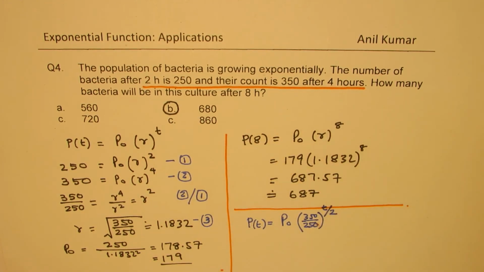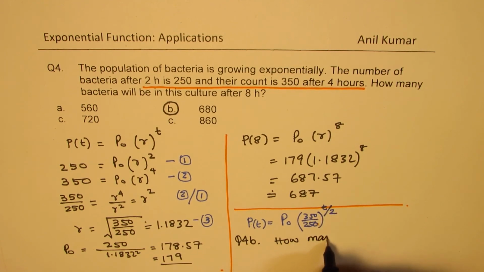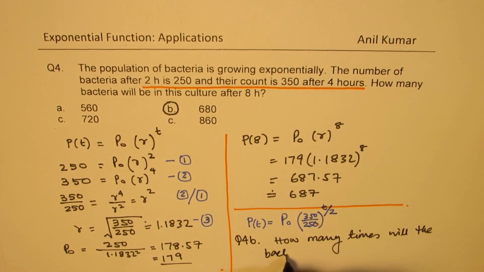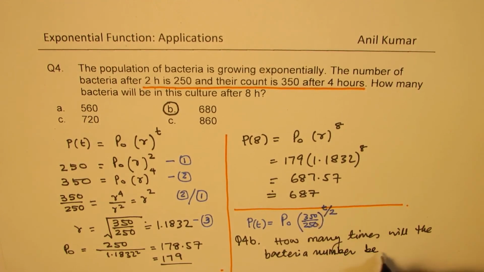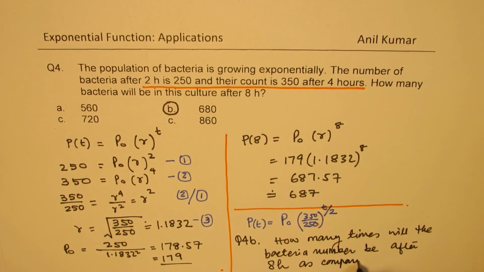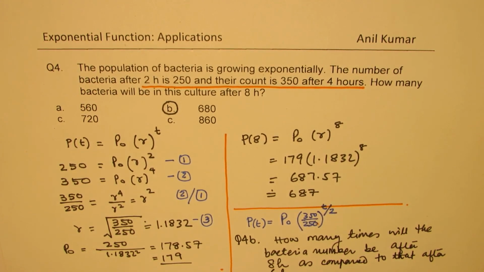So if the question is, let me see, question 4b. Question 4b now is how many times will the bacteria number be after 8 hours as compared to that after 6 hours.